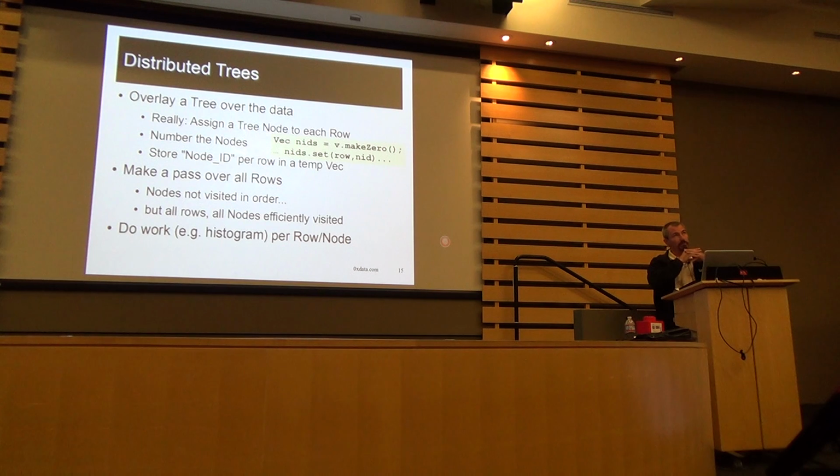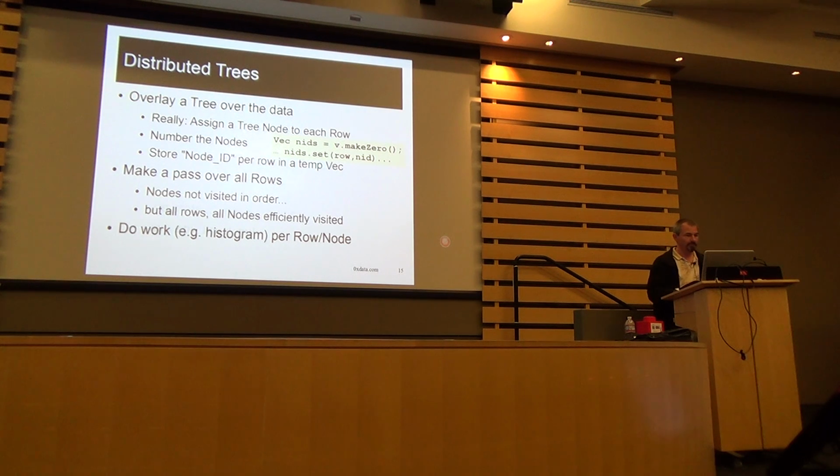Instead, the observations just stay put. But when I visit an observation, I can tell you immediately, in small constant time, what node it belongs to in the tree of the moment. Then I use that to compute something interesting about the node. After one pass over all the data, I will have visited every row, and thus every row for each leaf of the tree, and have computed something for that leaf. Then I'll do something with those tree leaves.